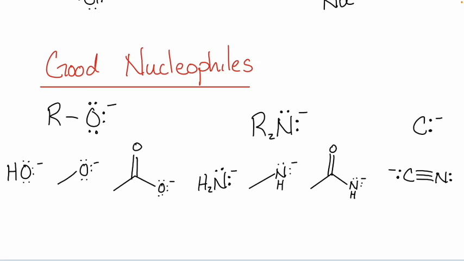Or I guess more specifically a cyanide ion is the name of this thing. This would be a good nucleophile as well. And charge-wise, what do these all have in common? They got that net negative charge, right? So that means a good nucleophile.